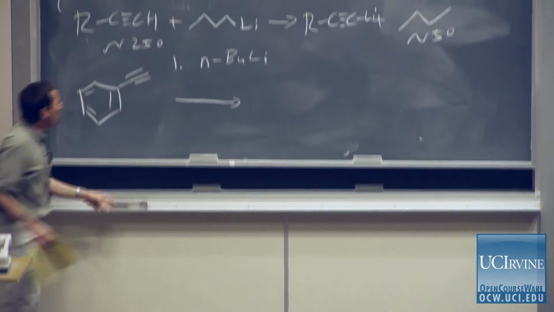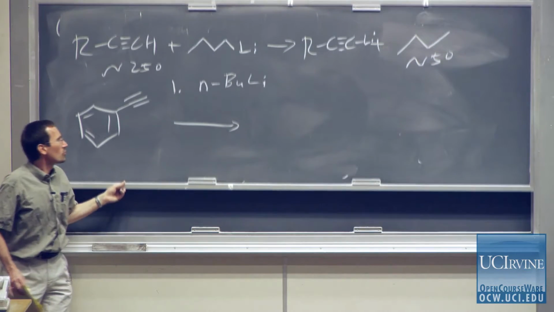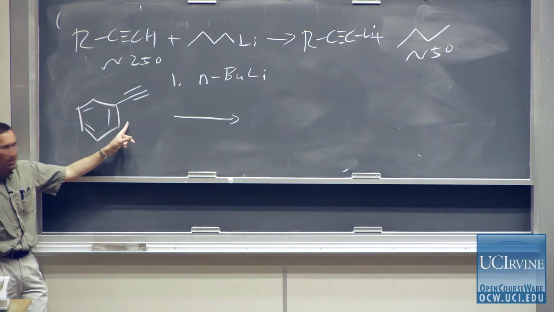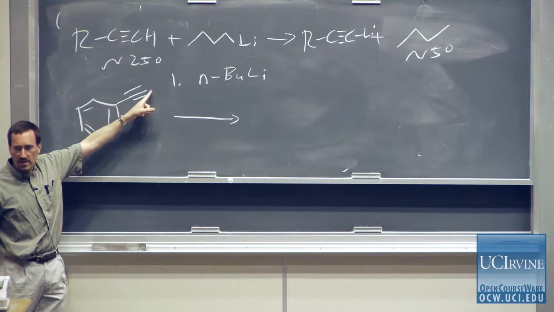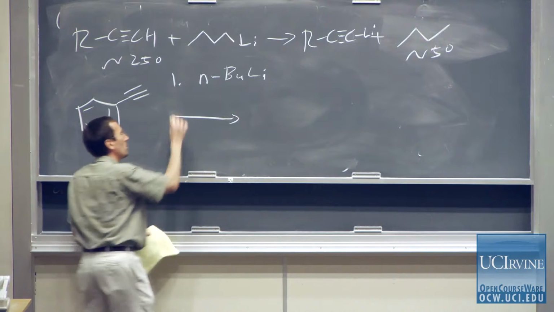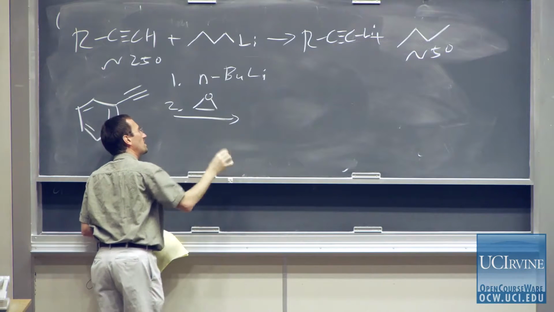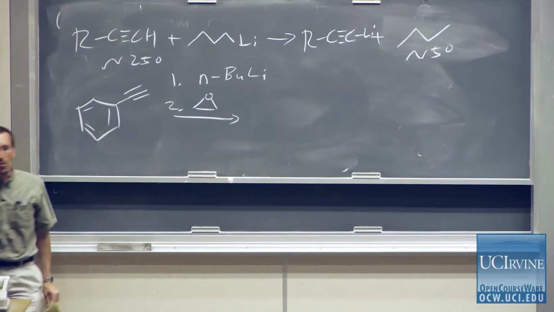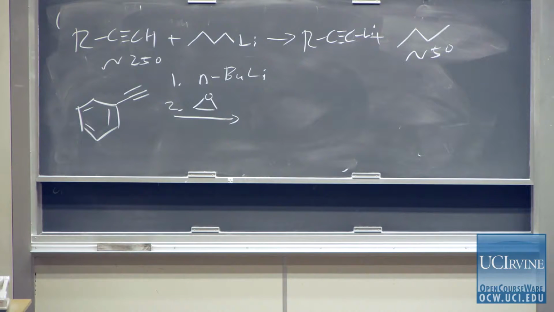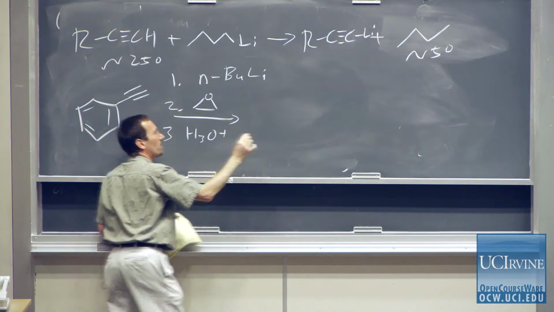Anyway, let's envision using the common reagent N-butyl lithium, treating our phenylacetylene with it. That gives us our lithiated phenylacetylene, our organolithium compound. To demonstrate other reactivity, we can picture the reaction with an epoxide, and then an aqueous workup, H3O plus.